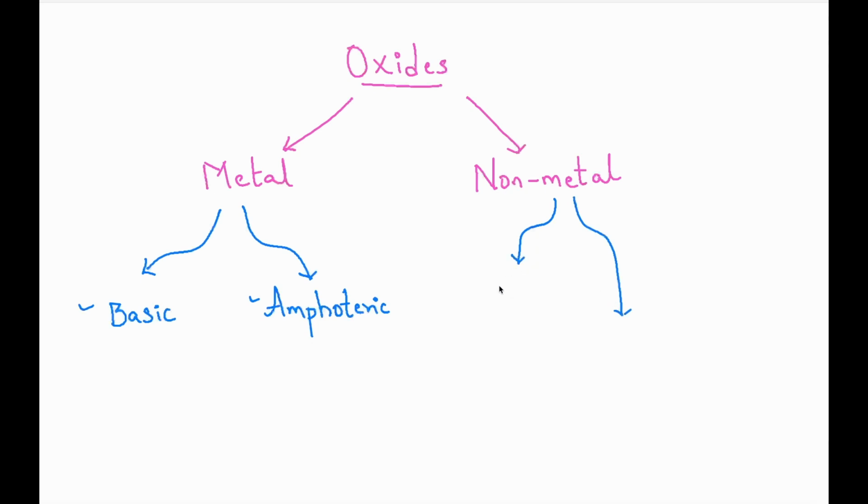So they can be acidic oxides or neutral oxides. So this is the basic classification of oxides, metal and non-metal oxides, and each of them is again divided into two different classes. So let's study the metal oxides first.